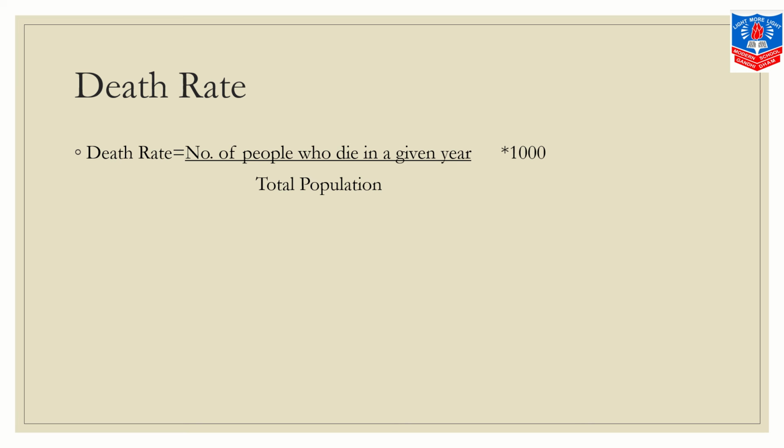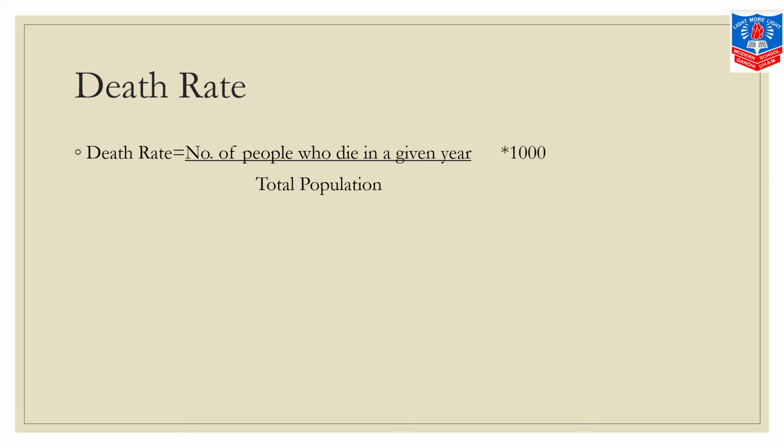Now, it is but natural that the decrease in population can be understood from the death rate. If there is death rate, then obviously there will be a decrease in population. The reduction in total population can be understood by measuring the total number of deaths in a year.